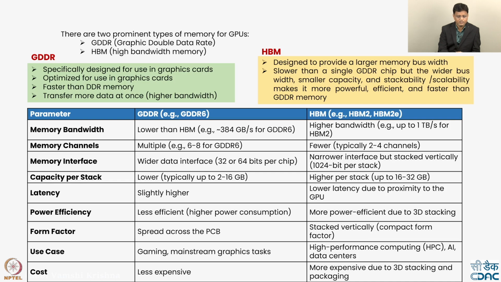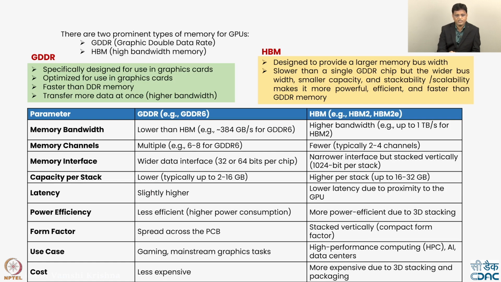In terms of memory channels, GDDR has many channels to transfer the memory, but HBM has only a few. In terms of memory interface, GDDR has a wider data interface, 32 or 64 bit, while HBM has a narrower interface stacked vertically, with 128 bit per stack. Capacity per stack is lower for GDDR and higher for HBM.